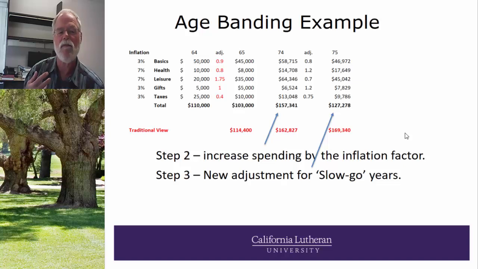So at 75, however, we go from go-go to slow-go. So we go through the process once again of another adjustment factor. This time, basic spending goes down some more.